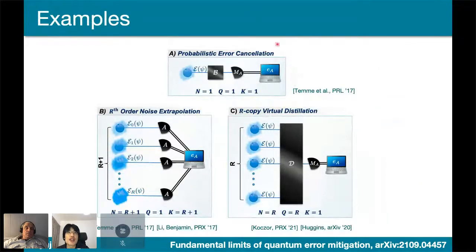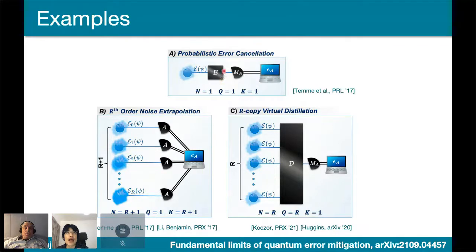The first example is the probabilistic error cancellation method, which I'm going to take a closer look at later. What happens in this protocol is that, suppose you're given some erroneous state E of psi, then you apply some quantum operation that is sampled from the set of basis operations, where B stands for basis operations.